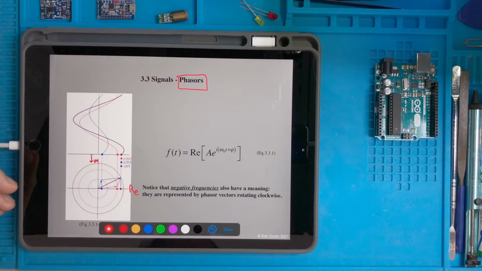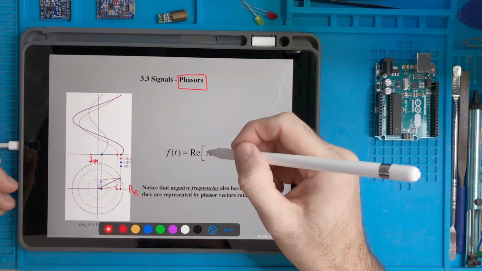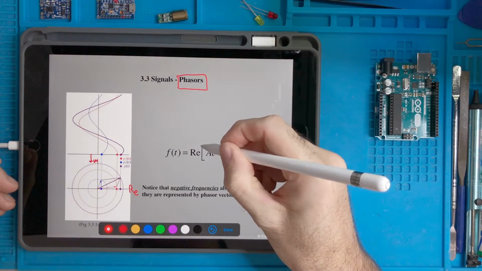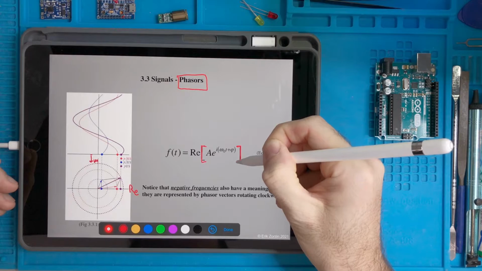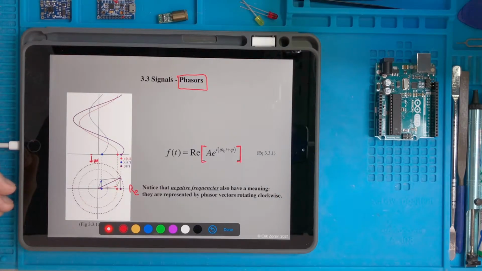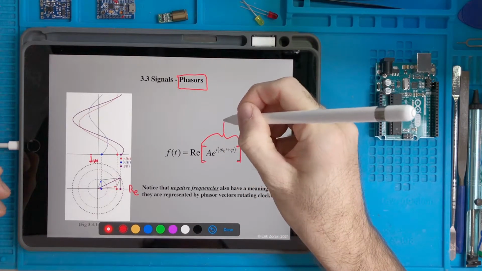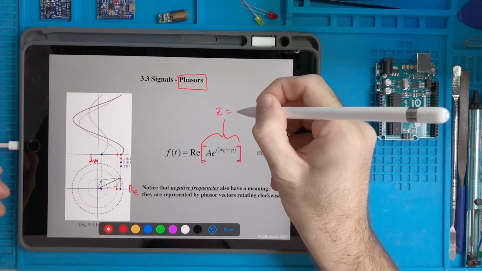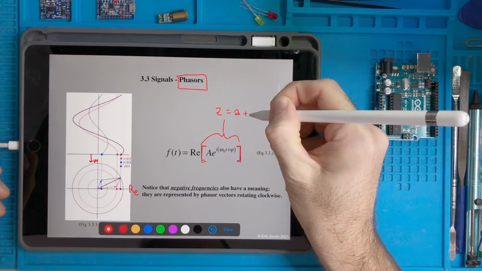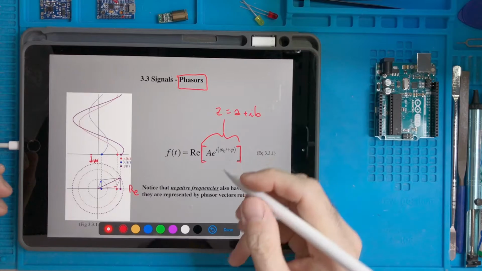And then we consider this complex number here. I use the Euler formula to express this number. And so we know that this number is a certain number z equal a plus ib.